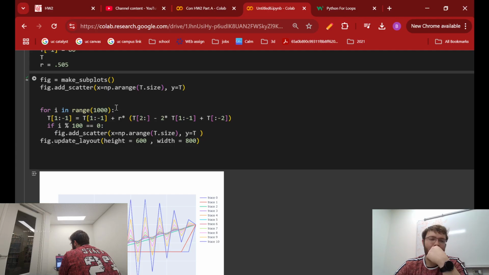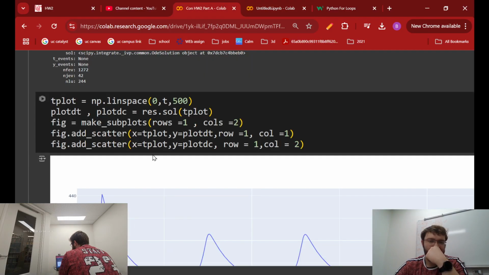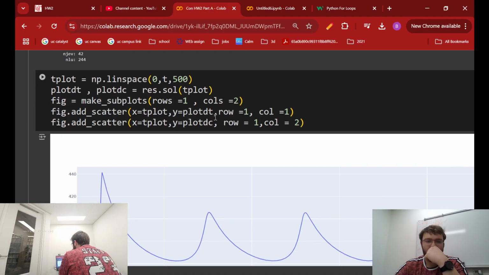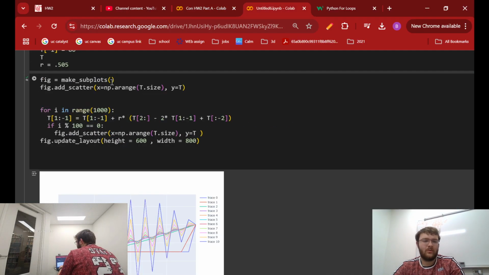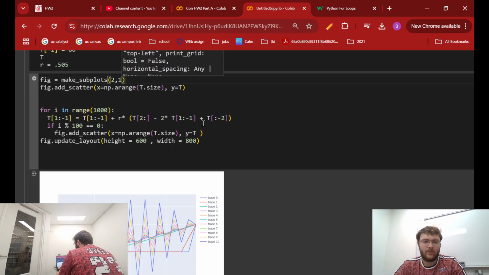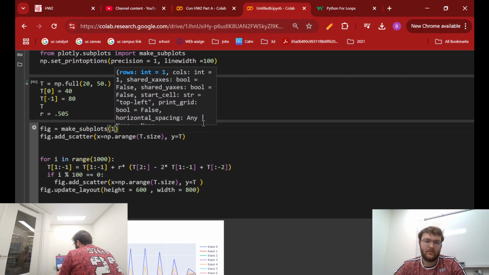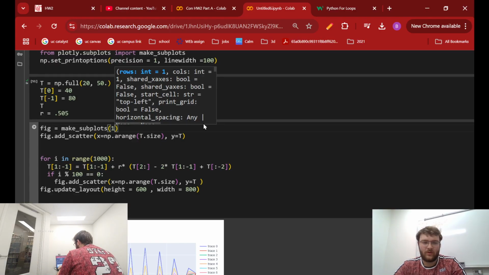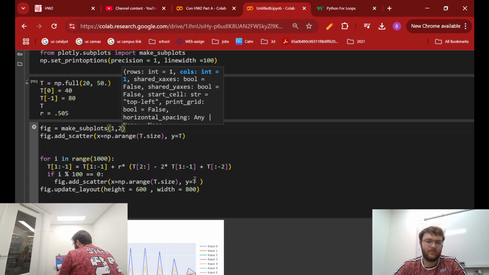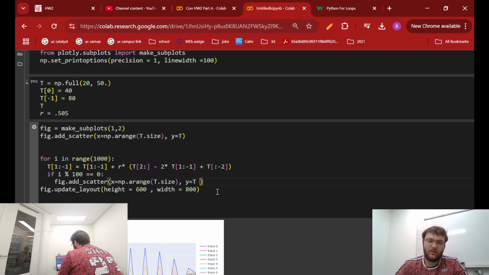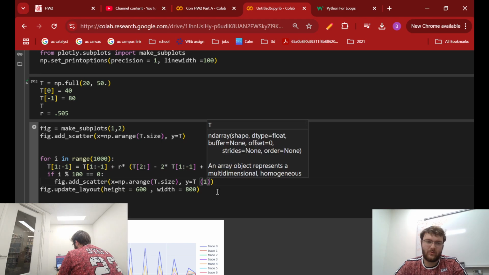get these side by side for you. I know I did it here. Row 1, column 1. So I'll make this a 2 row, 1 row, 2 column. Then here, we'll do 1 by 1.